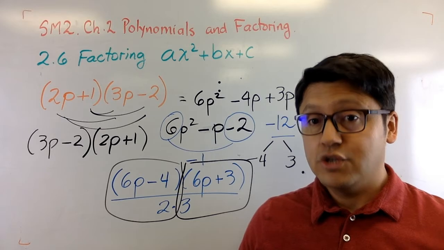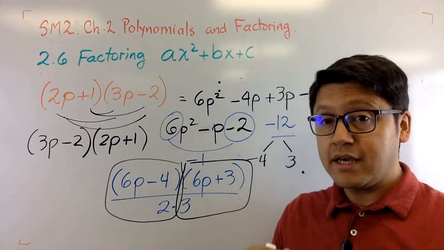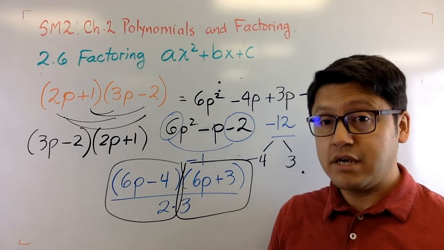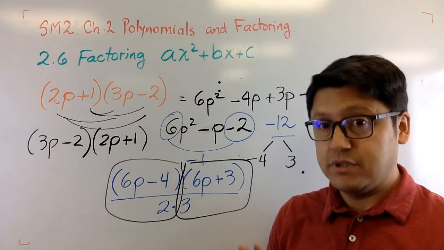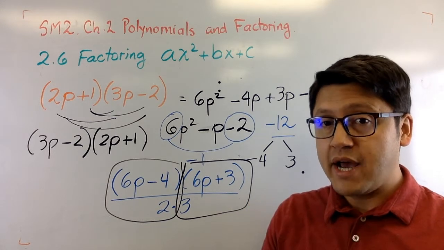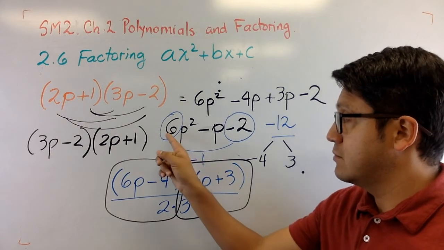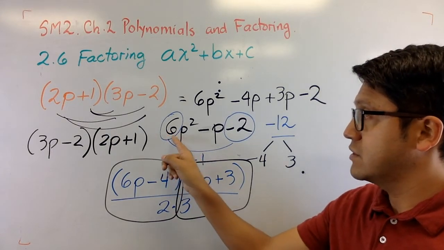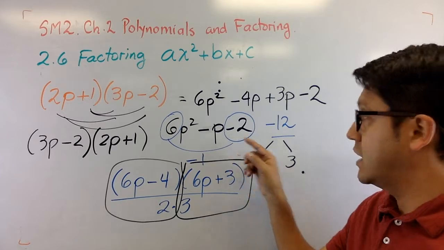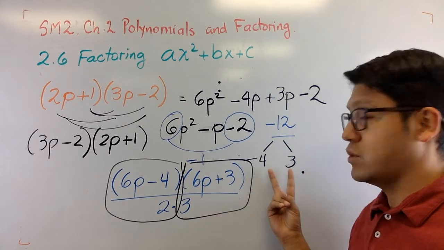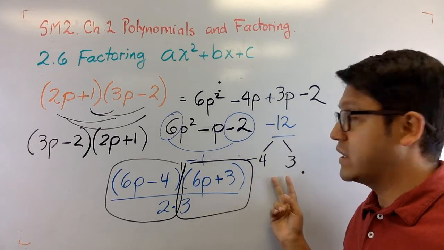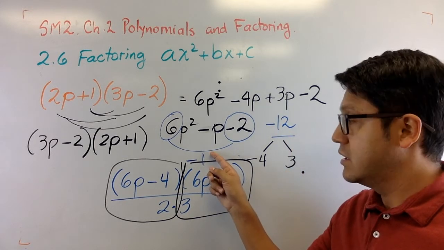Yes. So if you want, replay as many times as necessary so that you know what just happened, okay? I will summarize it. First thing I did, multiplied the coefficient of the quadratic term by the constant, and I got this -12. I had to find a couple of numbers that when multiplied you get -12 and when added you get -1.